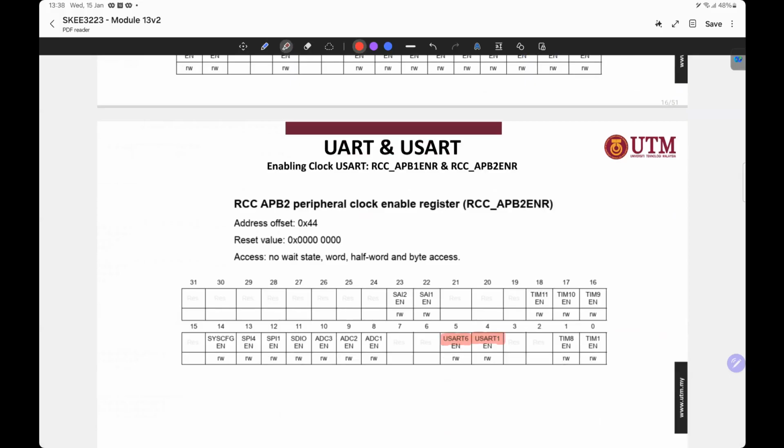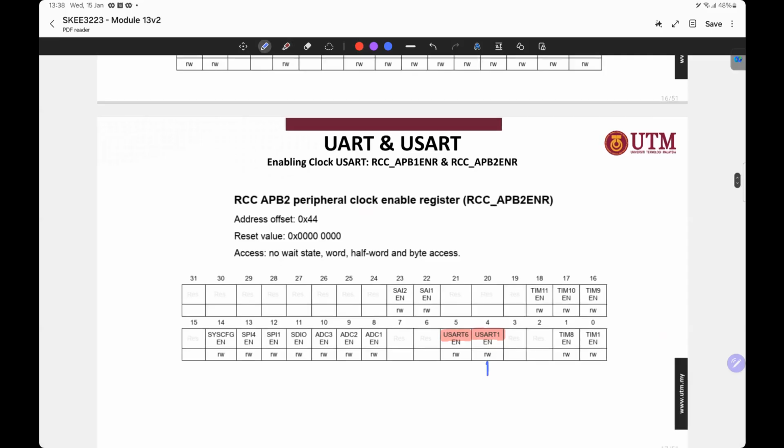These are the two bits you need to enable. For example, if I'm going to use USART 1 for my communications, I just enable bit 4 inside the APB2 ENR register.